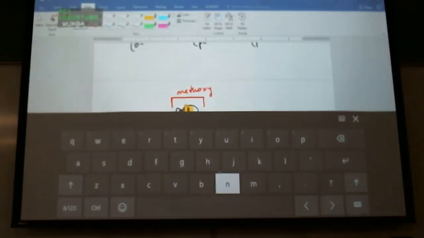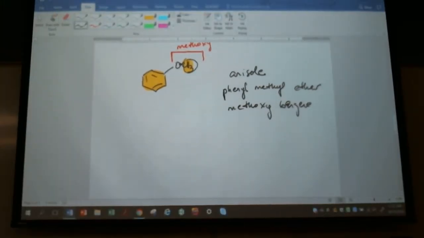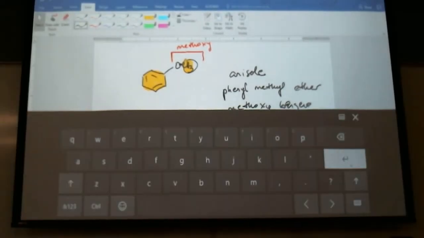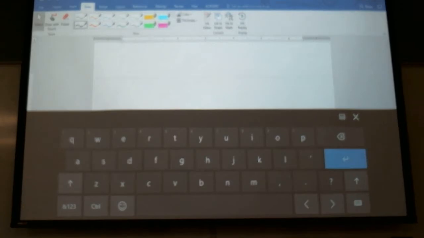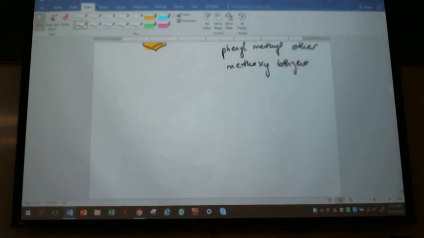So let's do the last chapter before the exam, which is chapter 17. In chapter 17, we're going to do some synthesis. A benzene ring is aromatic.